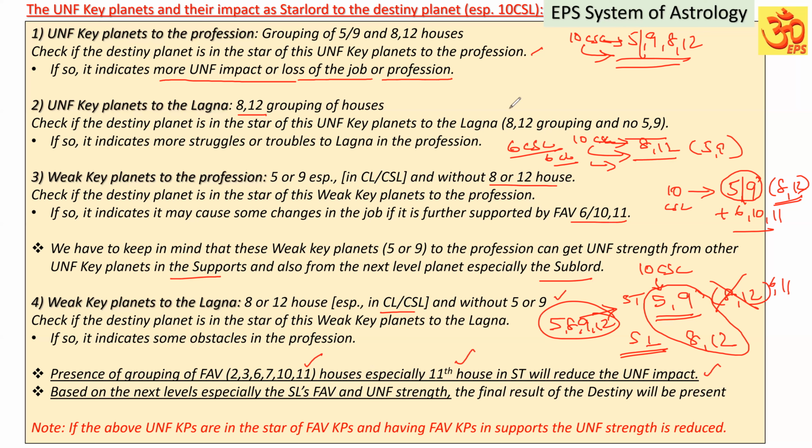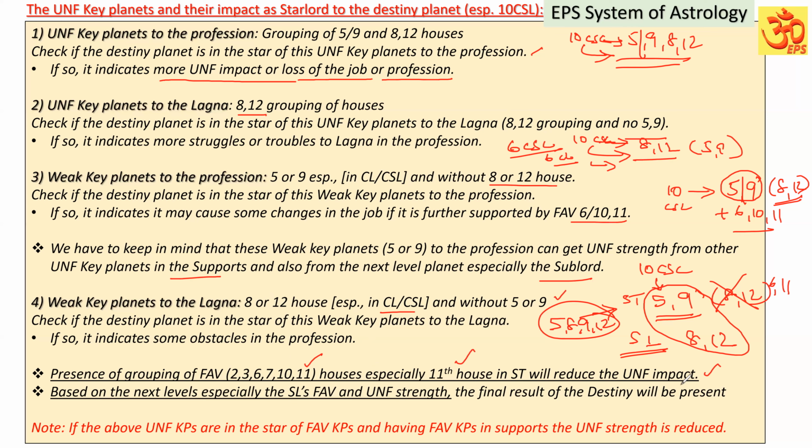We have been discussing the 10th cuspal sublord and its star lord; we are talking about the combined level only. If the star lord planet has weakness by way of unfavorable grouping, but along with that favorable grouping is also present, that unfavorable strength at the star level will be reduced.